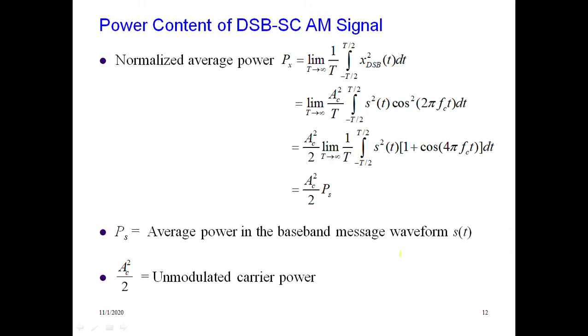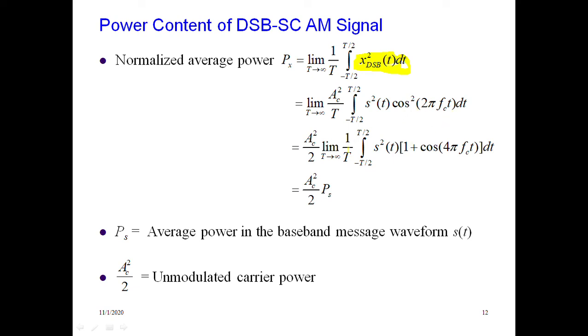Let's see also how we measure the power content in DSB-SC. If you recall, how we find power is by putting a limit 1 to t and integrating that signal squared. So we have s squared t, whatever the message squared, and the carrier also cos squared 2 pi fct.